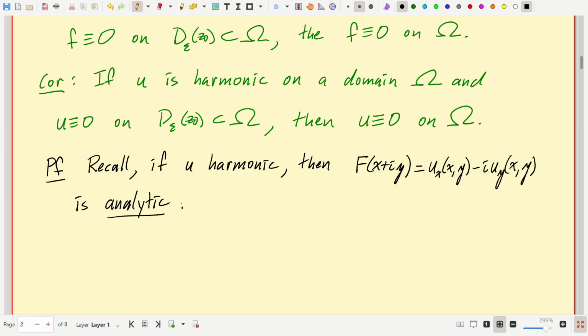And that was a very simple application of the Cauchy-Riemann equations. Pops right out when you write them down.